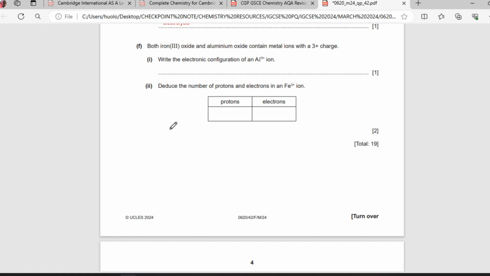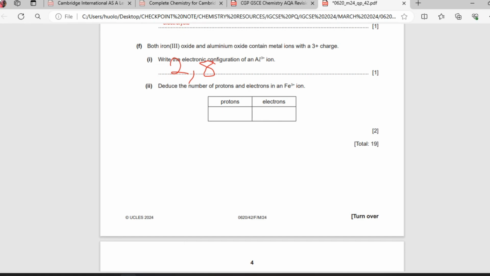Aluminium is element 13, so if it loses 3 electrons, we'll be left with 10 electrons. The first shell takes a maximum of 2 electrons, the second shell takes a maximum of 8 electrons, so you have 2 8, 10 electrons. The last shell would have lost all 3 electrons, so you are left with 2 8. Great job.